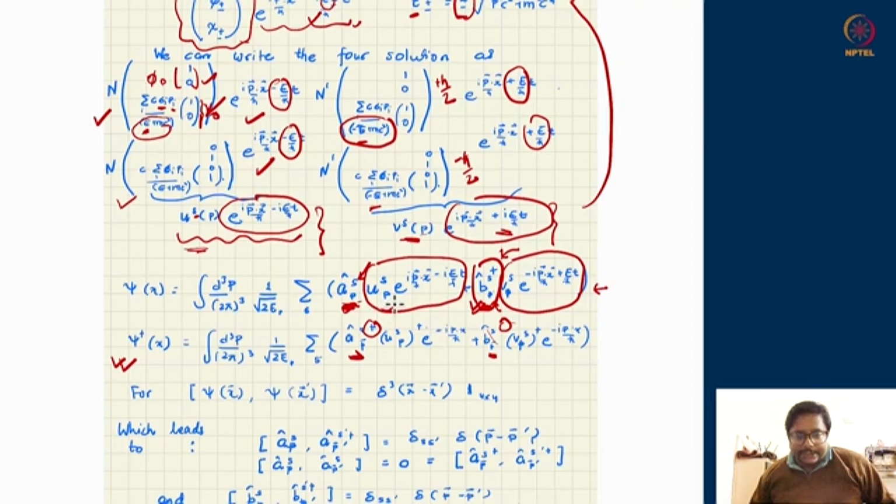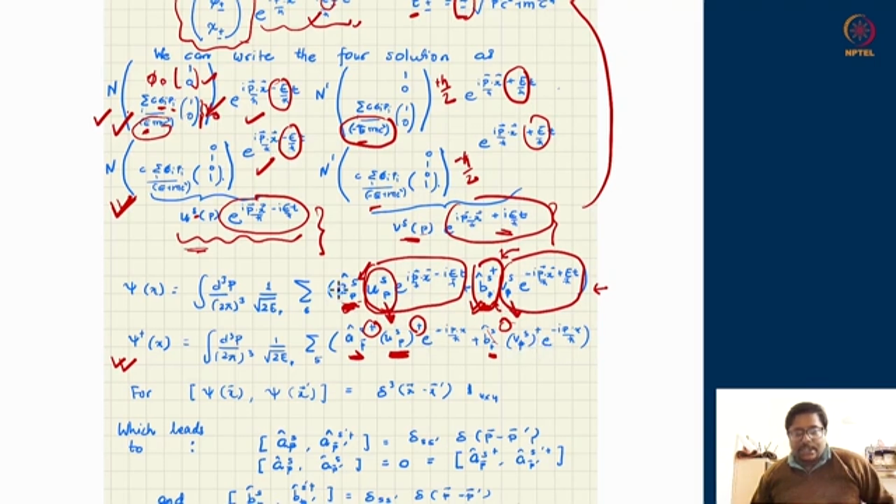And the cost is that this U_sp, remember, is not a number now, it is a column vector, one of the column vectors, this or that, depending upon spin half or spin minus half. So when I take the dagger, it will become a row vector. So therefore it is not a star but a dagger. So I will get a U_sp dagger, and this V_sp becomes a dagger as well.